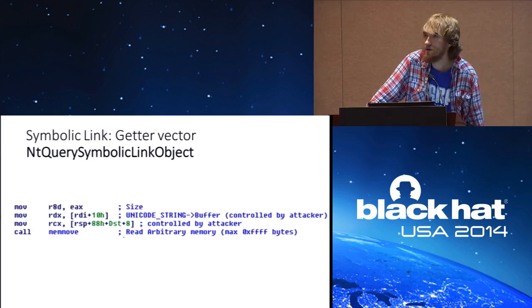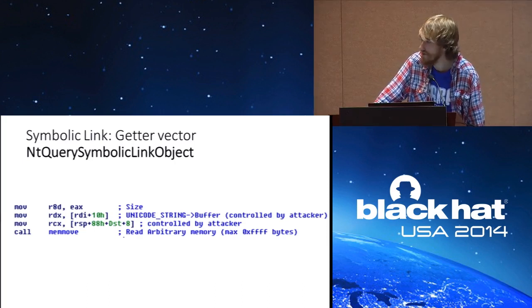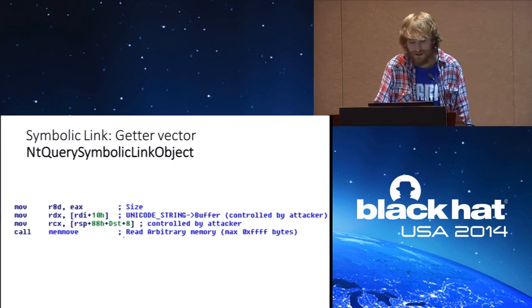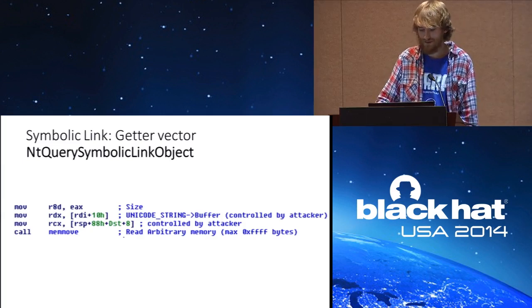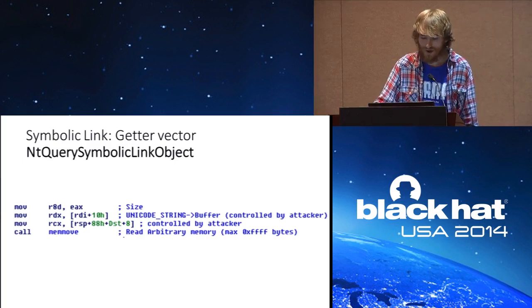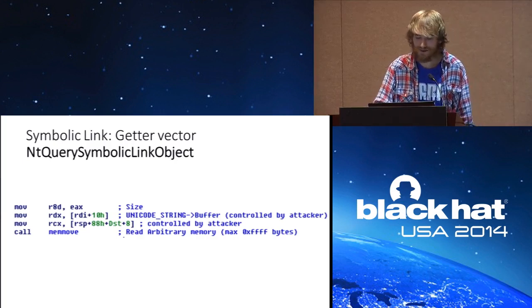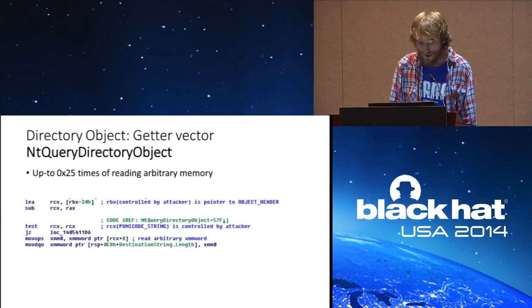Getter is mostly good for arbitrary read primitives, for example, the symbolic link object. This object contains a Unicode string, and the Unicode string contains a buffer, and MaximumLength is set to the maximum word, so FFFF bytes. So this primitive gives you reading of arbitrary memory. Also, for example, the query directory object.